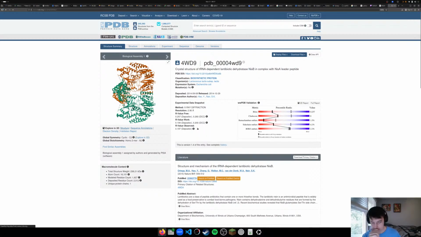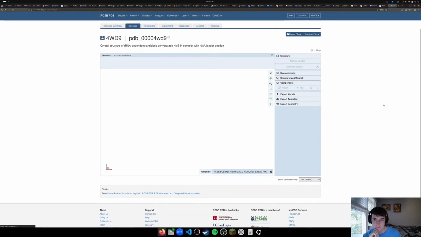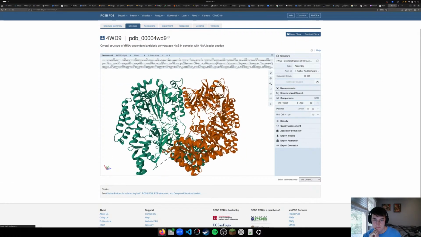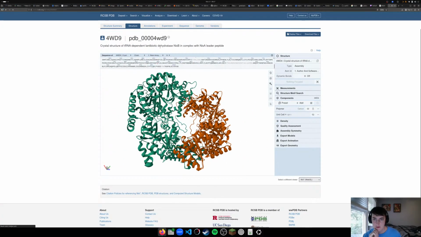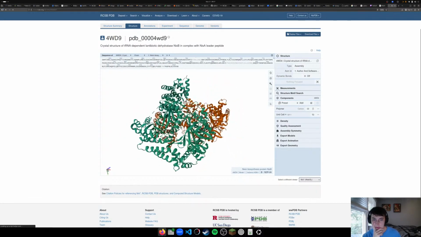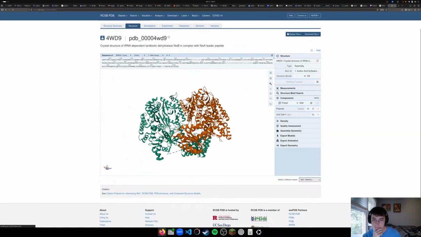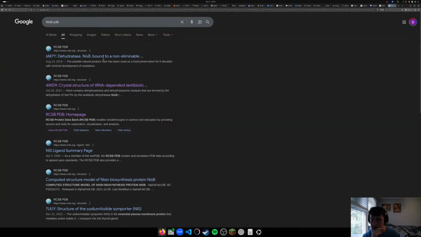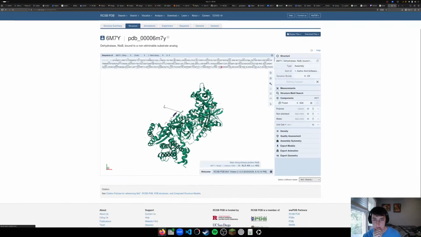So what class is this? tRNA-dependent lanthipeptide. This doesn't really look, well, I mean, alright, let's go to this other one. Bound to a non-eliminable substrate analog. That's cool.